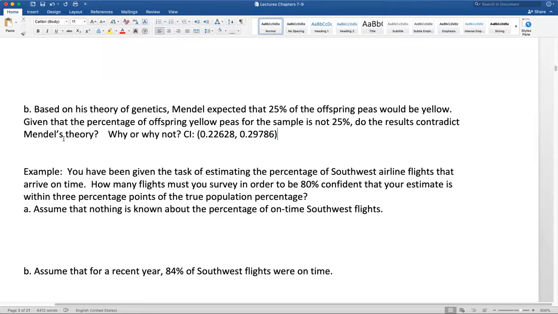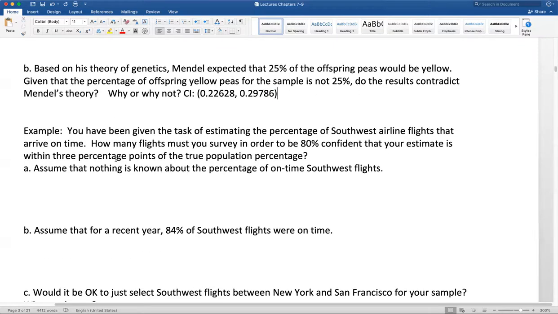The example: you have been given the task of estimating the percentage of Southwest airline flights that arrive on time. How many flights must you survey in order to be 80% confident that your estimate is within 3 percentage points of the true population percentage?